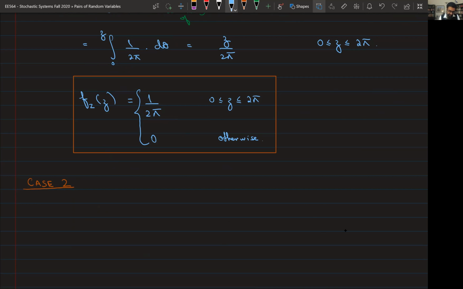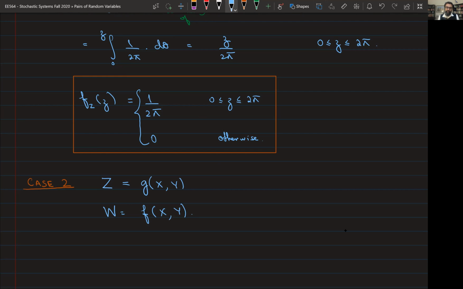So case 2 is of the following form: z is some function of x and y, and w is another function of x and y. The textbook deals with this case differently, as it should, right? So this case needs to be dealt with differently than what we've done already.